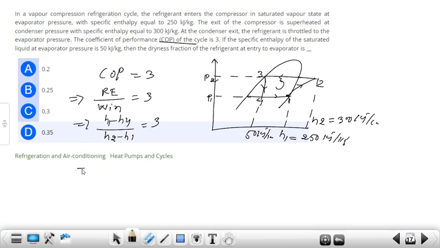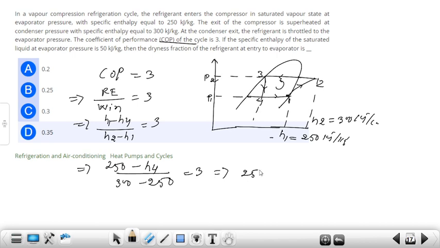We do not know the H4 value, so we find it from this equation: H1 is 250 minus H4 over H2 is 300 minus H1 is 250, equal to 3.